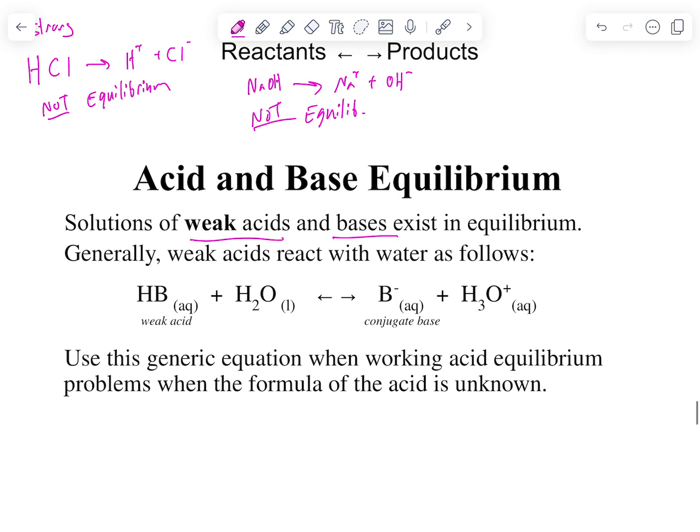So remember that for a weak acid, the generic formula we use is HB, but we could also use HX; the second letter doesn't really matter that much. The point is there's an H in front denoting that it's an acid, and that this is not a strong acid, it's a weak acid. So the reaction is the weak acid reacts with water, and this latches onto water to form what you know as hydronium.